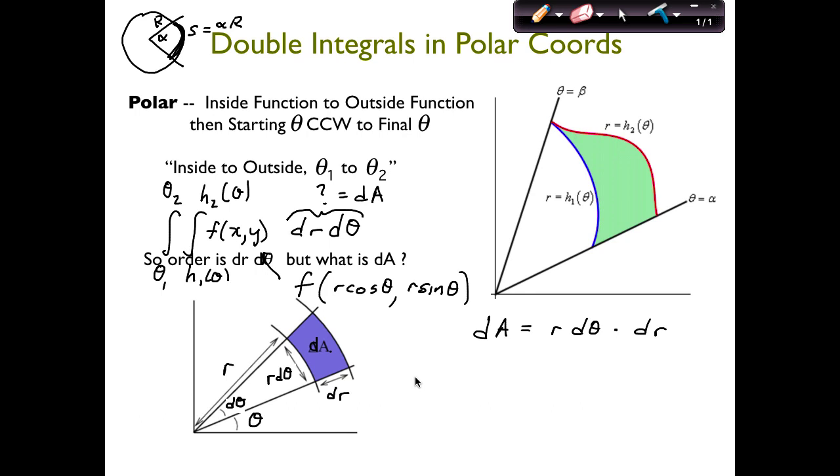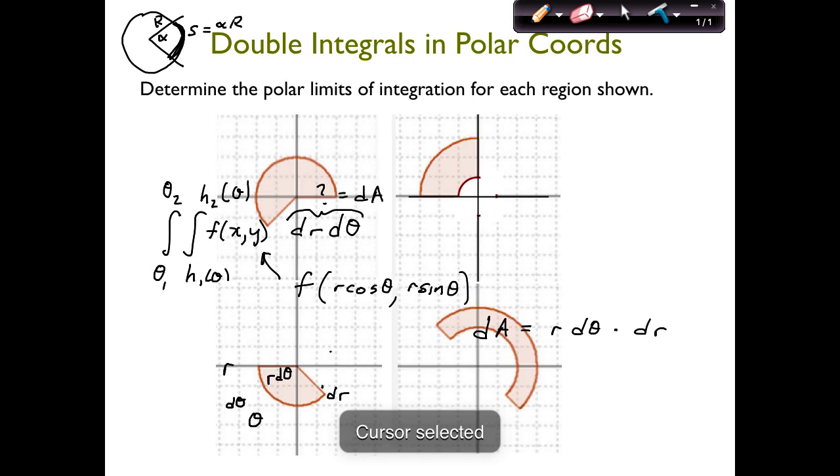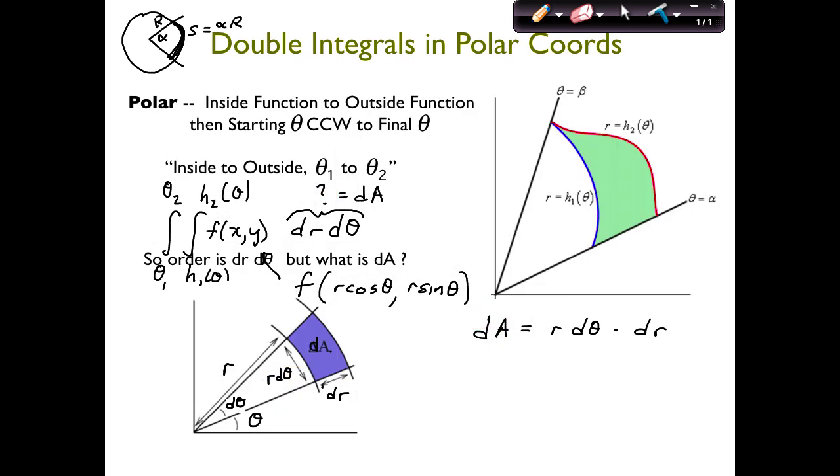To get length, you have to know how far away from the origin you are, and you multiply your radius times openness, and that gives you the length of that element. Make sense? Any questions? So therefore, dA is r dr d theta, right?